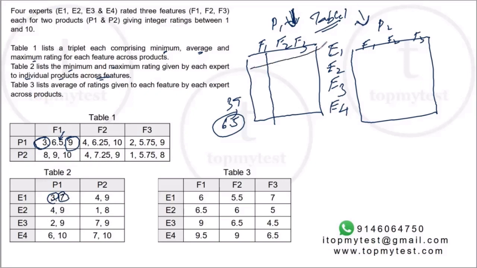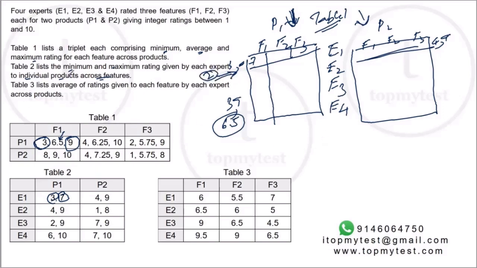So if you were to look at the 3 ratings which are given, one of them is going to be 3, one of them is going to be 7, but we don't know what the third rating is going to be, and we don't know the order in which it is given. Similarly for P2, one of the ratings is going to be 4, one of the ratings is going to be 9, and the other rating has to be between 4 and 9, both inclusive, right? So it is a row-wise value which is given. So table 2 is row-wise. This is table 2.